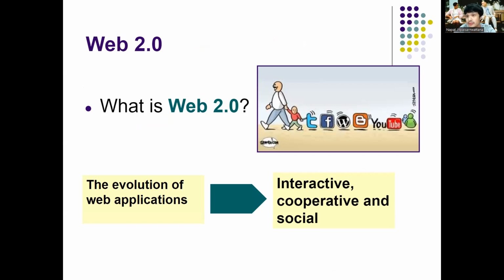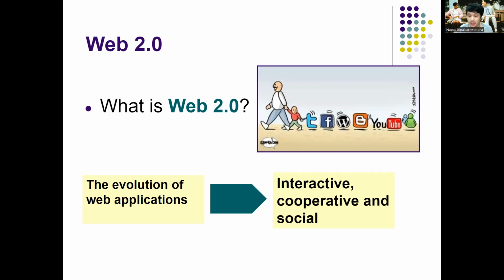Web 2.0 allows you to not only consume the information provided to you on the website, but also use that information and generate your own ideas within the website as well.